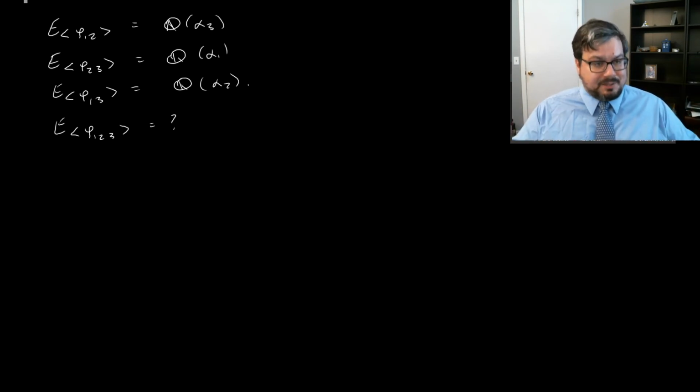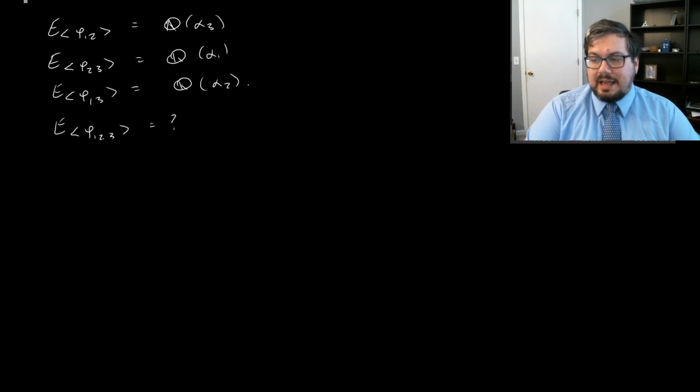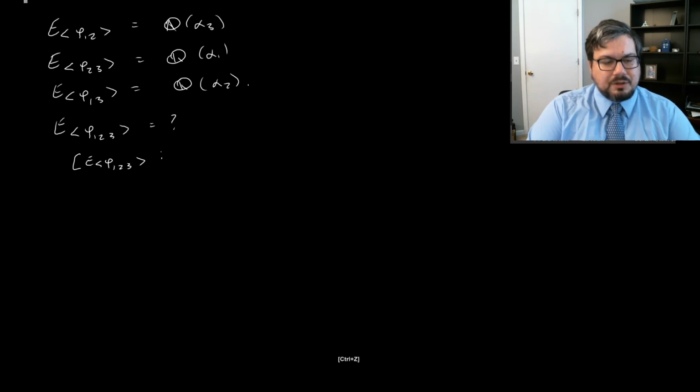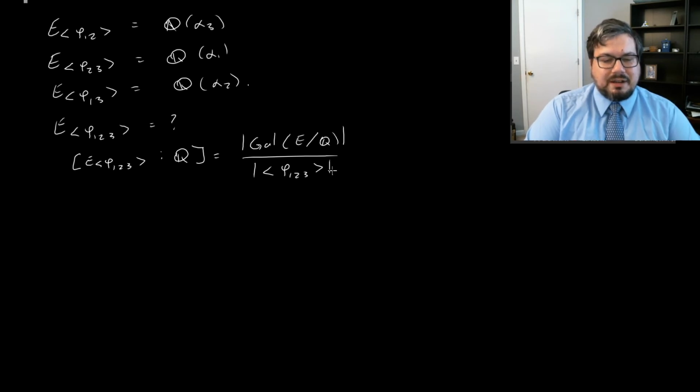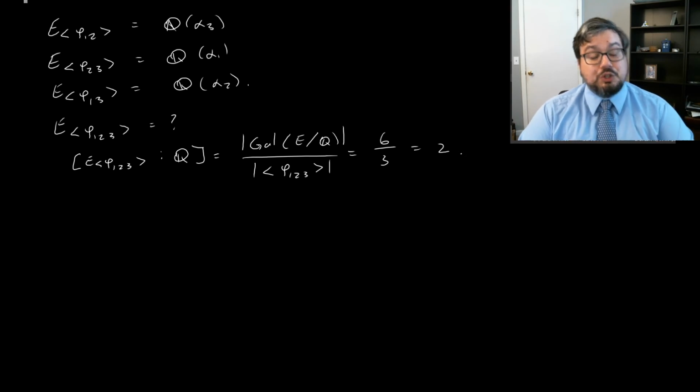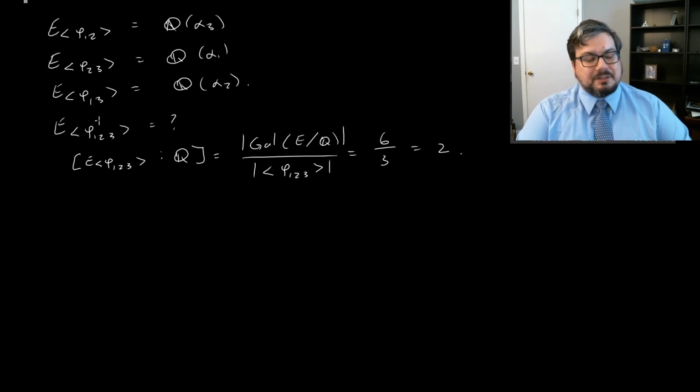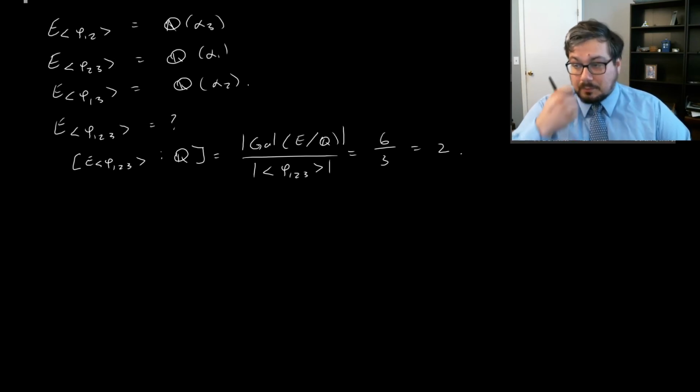It can't just be Q, because the order of the fixed field of phi 1,2,3 over Q is going to be equal to the order of the Galois group of E over Q divided by the order of the subgroup generated by phi 1,2,3, which is 6 over 3, which is 2. So we know that this fixed field is going to be a two-dimensional vector space over Q.